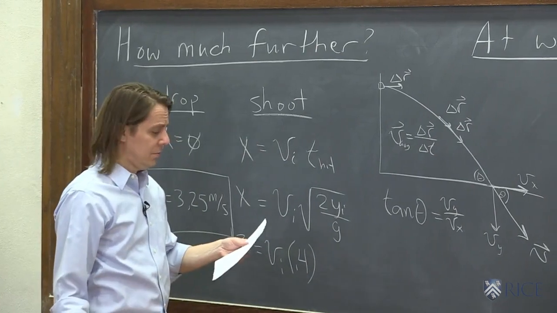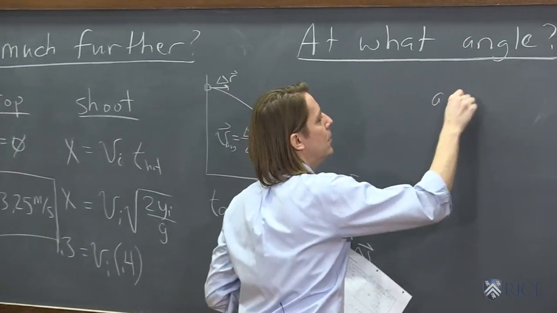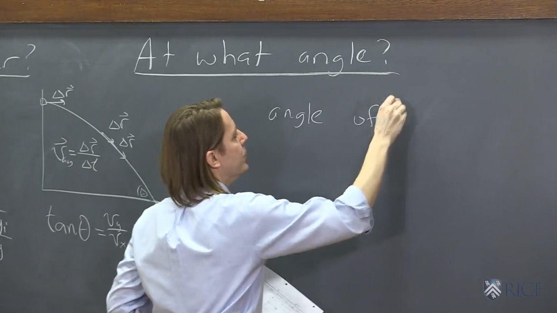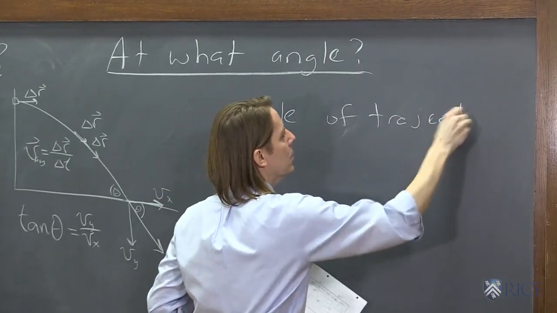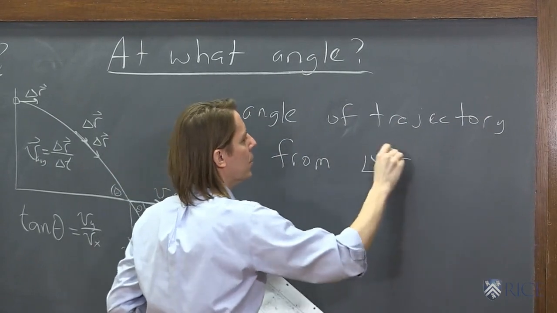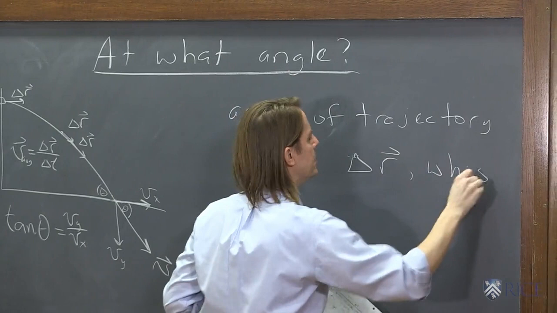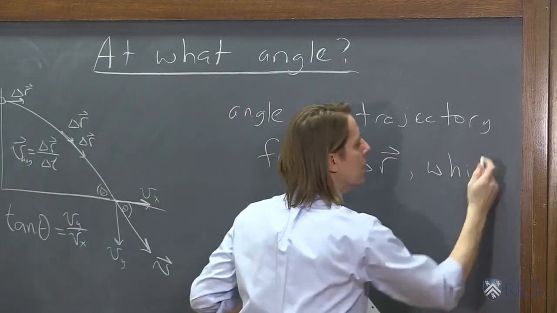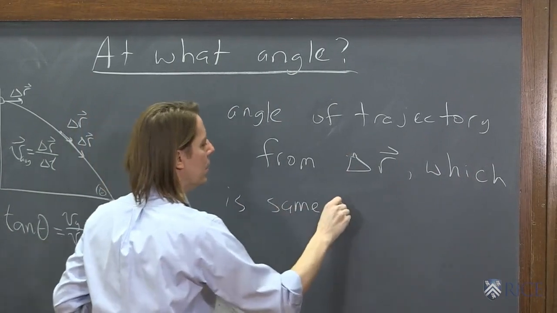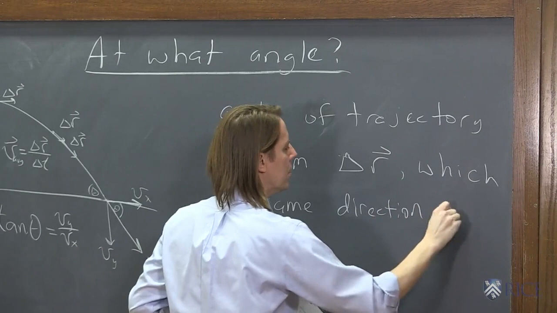So let's see then if we could actually get that angle. So the angle, just as a summary, is of the trajectory from delta r, which is the same direction as v.